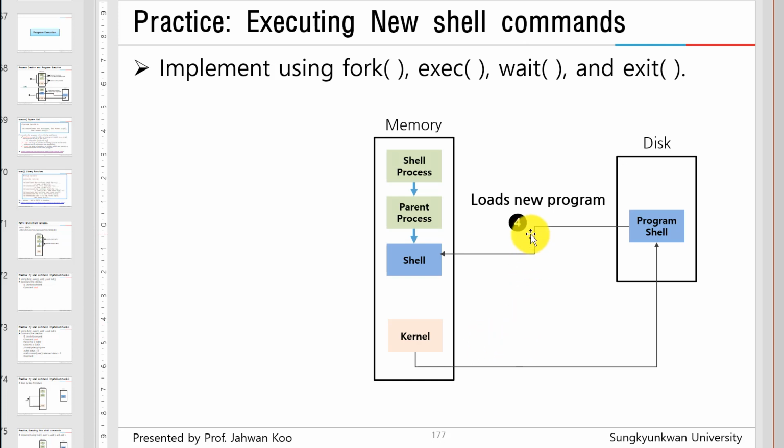Step 4. The kernel loads a new program into the memory of the child process and creates a new stack, new heap, new data segment based on the code of the new program. At this point, the child process becomes the shell command.